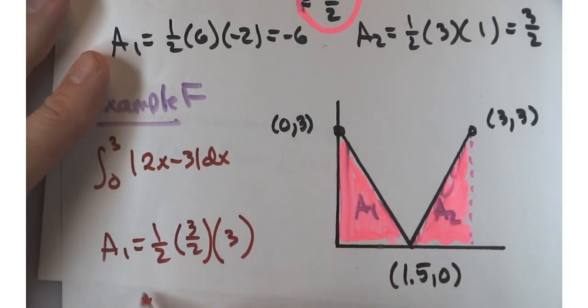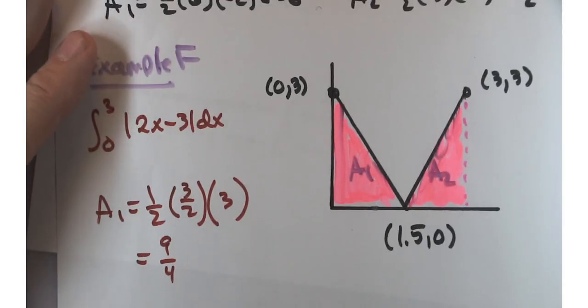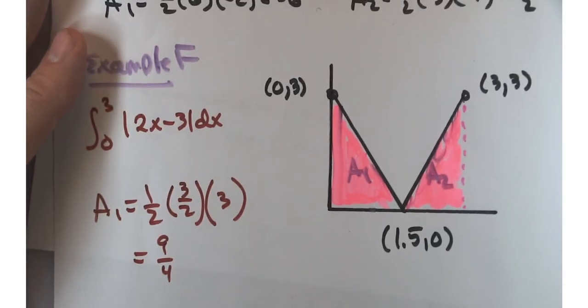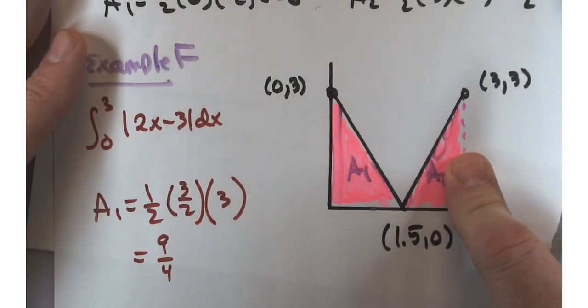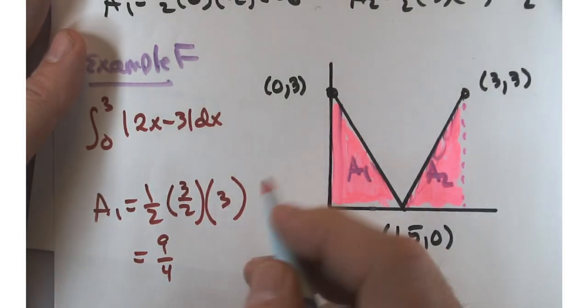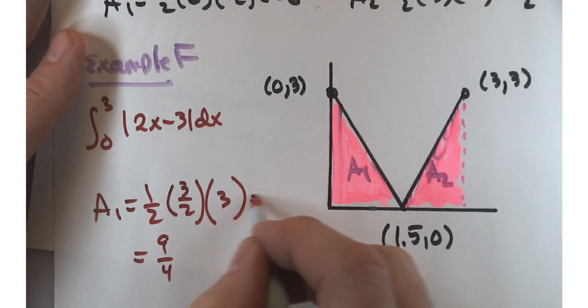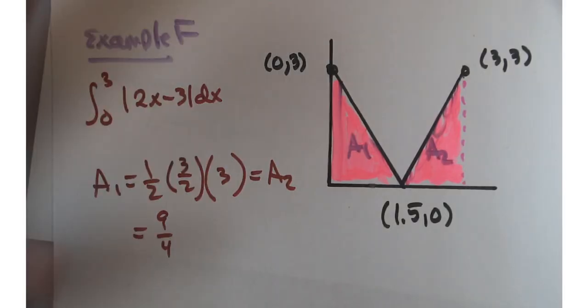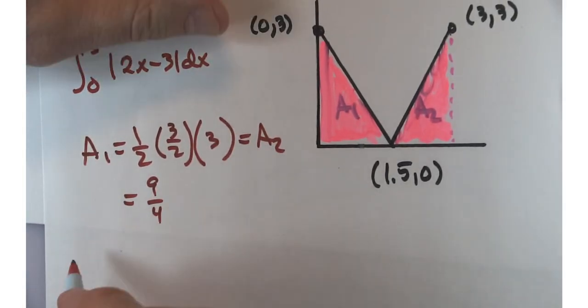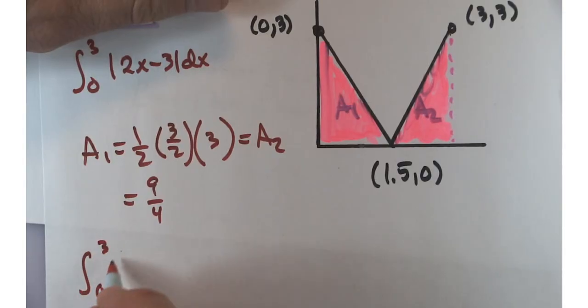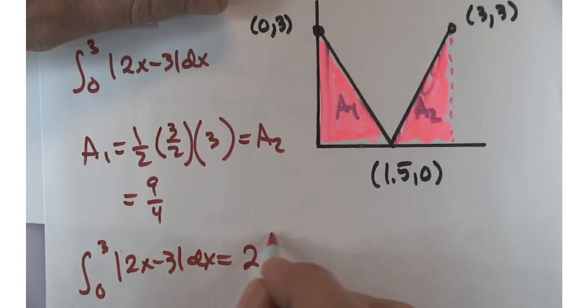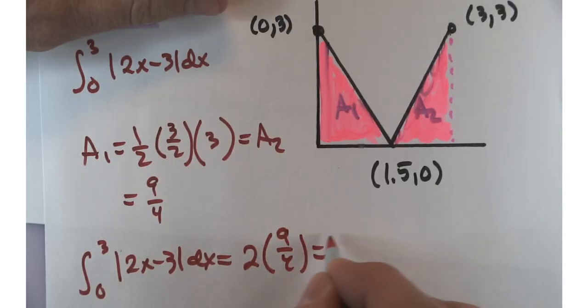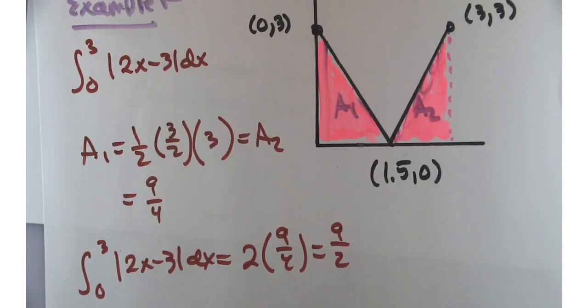So we'll end up with 9/4. Now I've got to repeat that over here, right? Or do I? Yeah, it's the same thing. That's what I was trying to get at. So the total area here, this integral from 0 to 3 of the absolute value of 2x minus 3 dx, is really going to be 2 times 9/4, which is 9/2. If you wanted to write 4.5, again, I'm not going to complain.